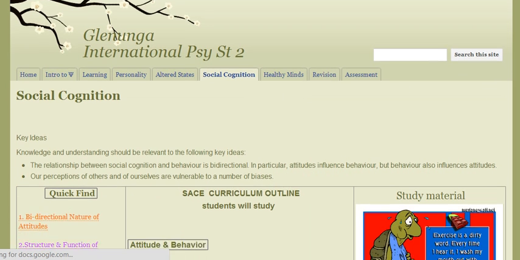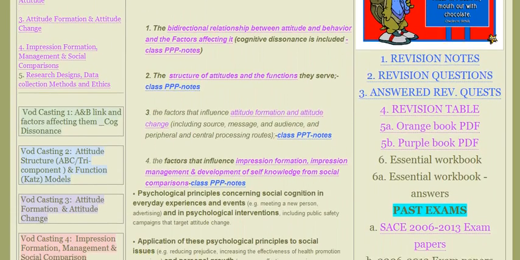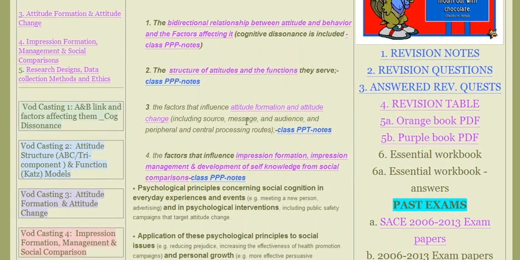The third component on attitudes and behavior will be how attitudes are formed and changed.